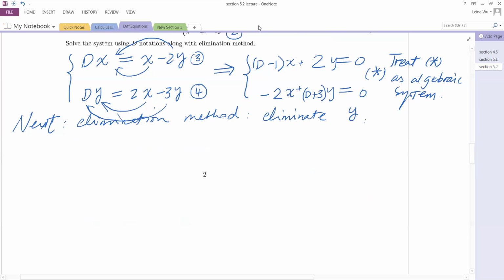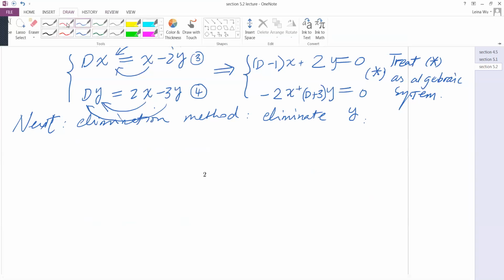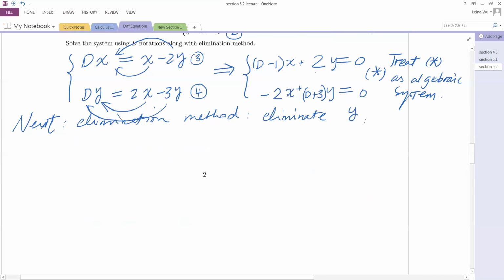If we're trying to eliminate y, we'll have to make the coefficient of y either the same or completely opposite, right? Same coefficient or completely opposite coefficient.